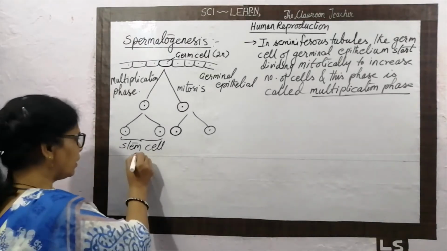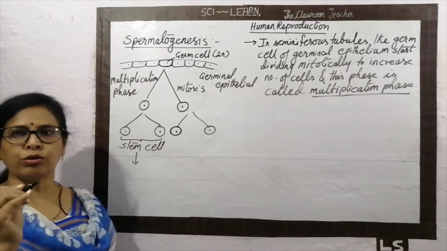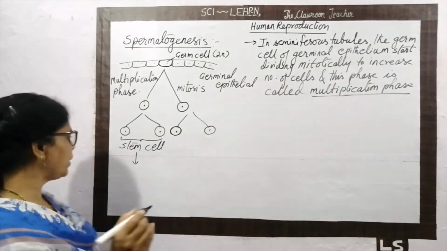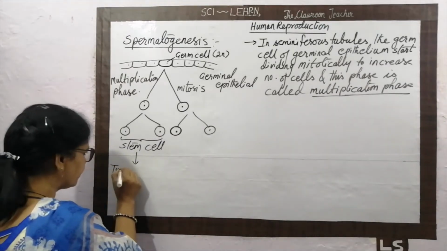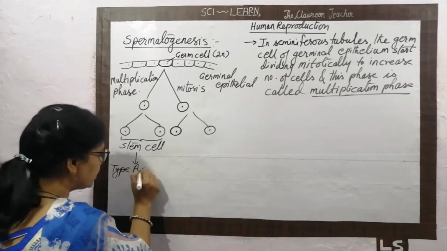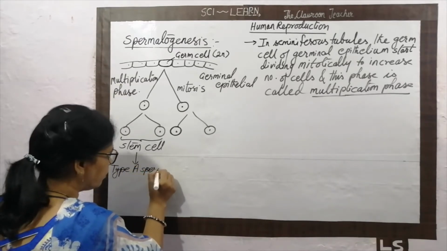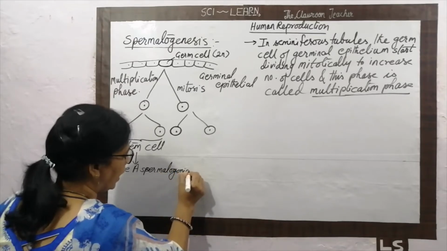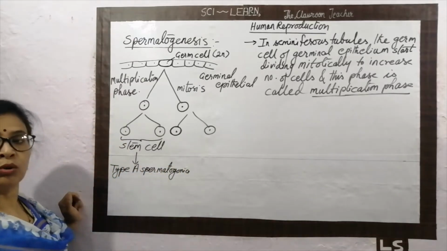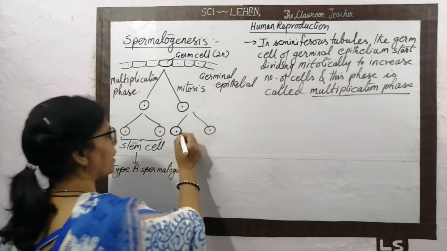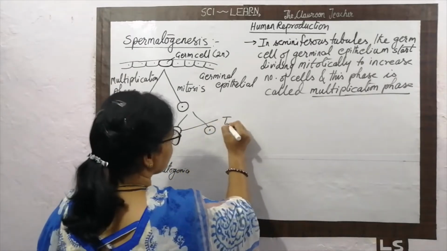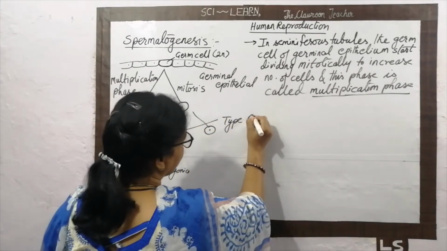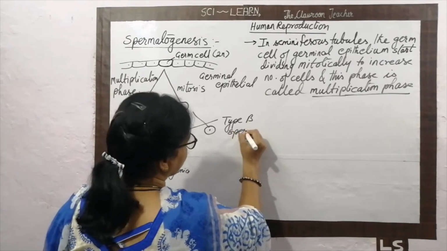This stem cell is also called type A spermatogonia. And the cell which goes on to participate in the further process is called type B spermatogonia.